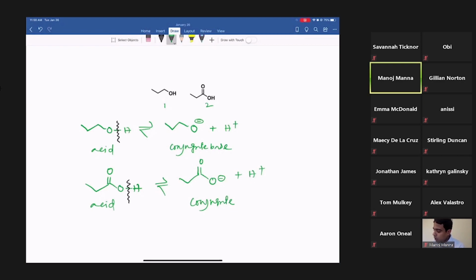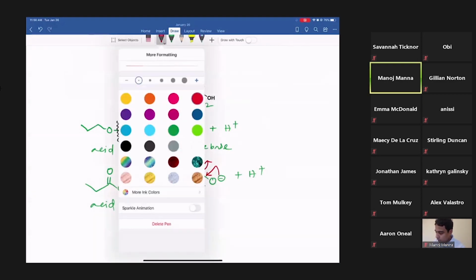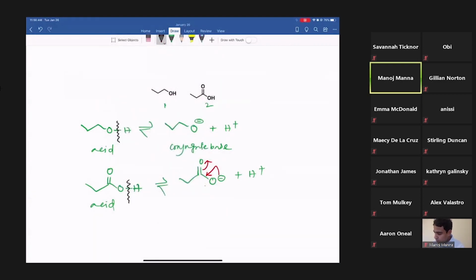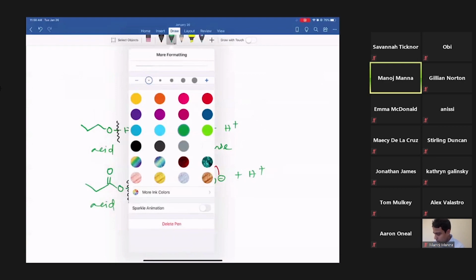Now, what is the question? The question is which one is more acidic, or we want to rationalize the effect of resonance. If we want to talk about the effect of resonance, in this particular conjugate base, we can already see that if we have a negative charge over here, this will come over here, this will go over there. That means whatever we learned throughout the last week, now we can see the application.